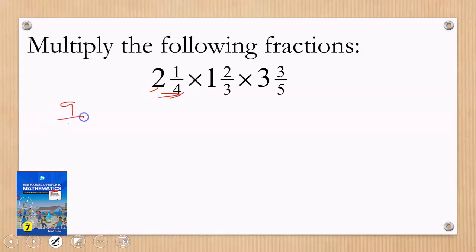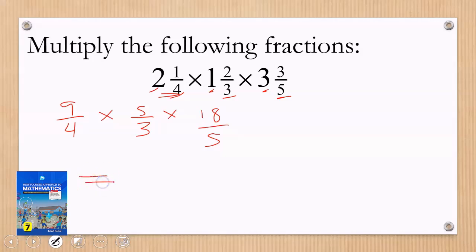So I have 9 over 4, times 1 2/3. And 1 2/3 means I get 3 times 1, which is 3, plus 2, which is 5 over 3. Then I have 3 3/5. Also 5 times 3 will give you 15, plus 3, we have 18 over 5. Right, so this is what we have.